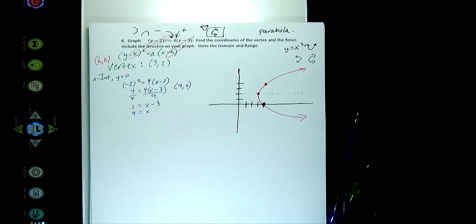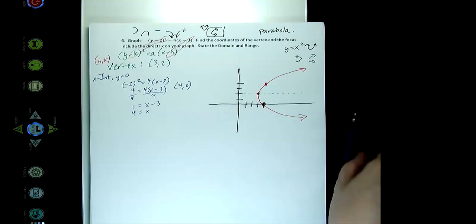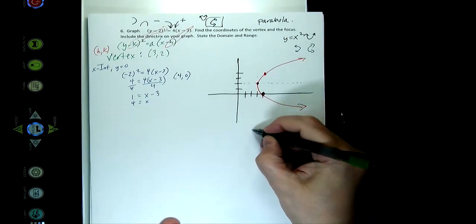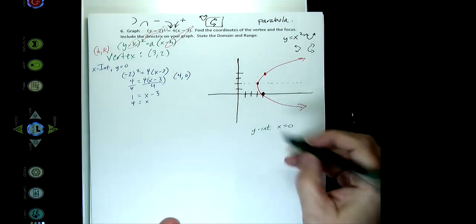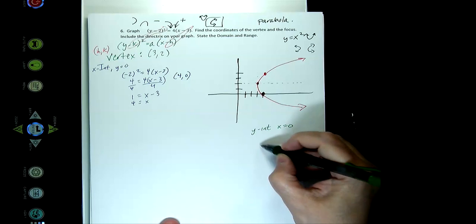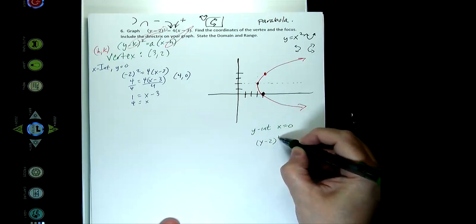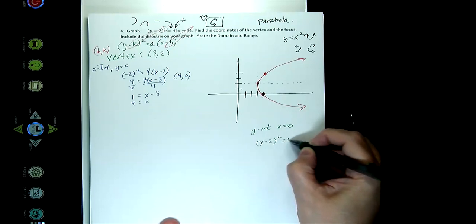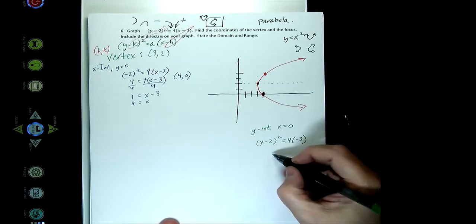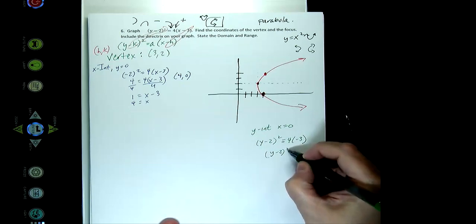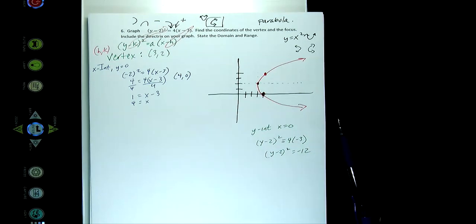Had you checked the y-intercept first, x equals 0. And if x equals 0, I have (y minus 2) squared equals 4 times -3, or (y minus 2) squared equals -12. If you try to take the square root there, you get a complex number.